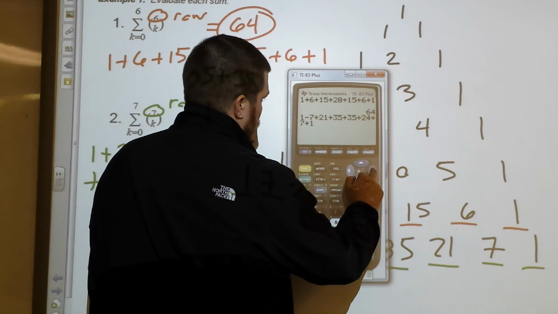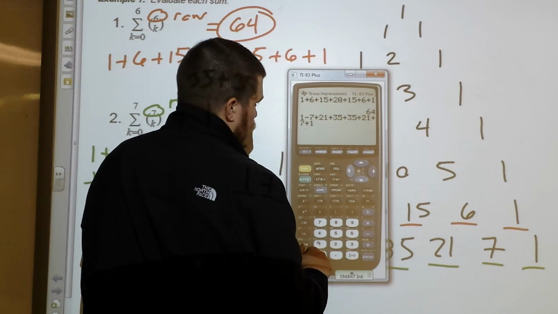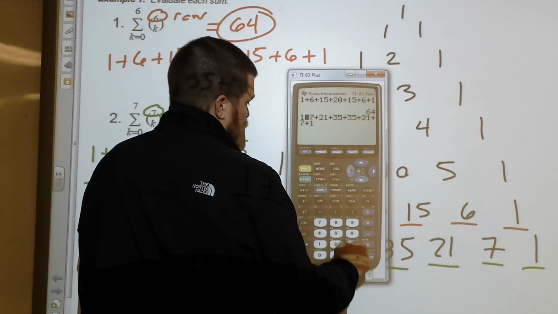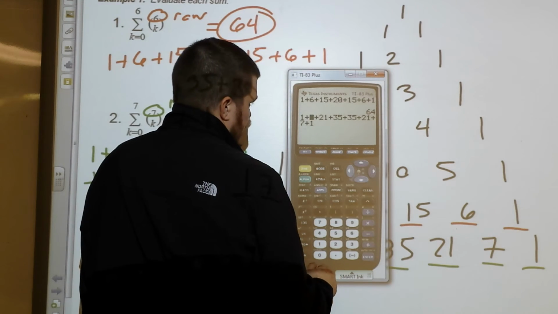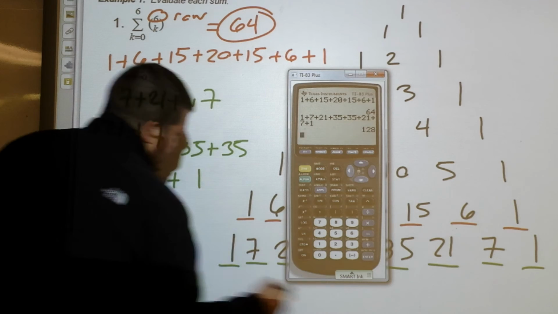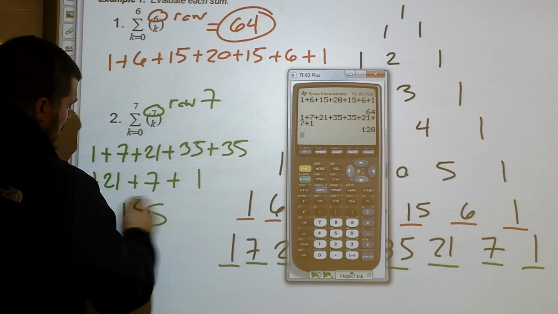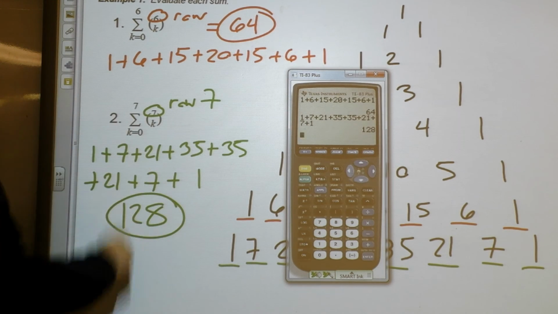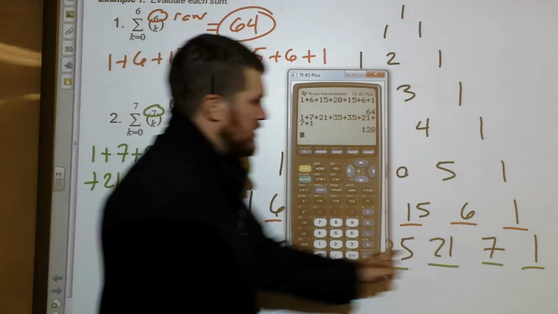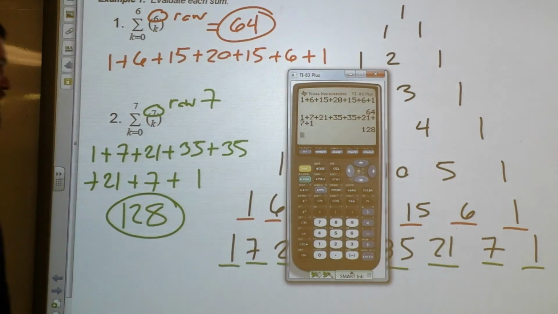Like here I had 24, I need to change that to a 21, and I had a minus here, I need a plus. So if you got fat fingers like me, you definitely want to go back and make sure you have everything typed in correctly. So you should end up with 128. This series, which just means you take your sequence and add up all the numbers in it, is going to be 128.